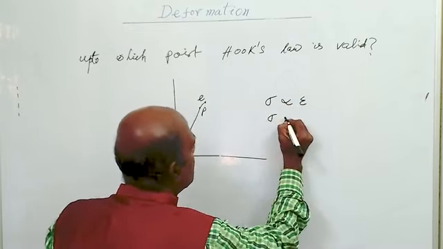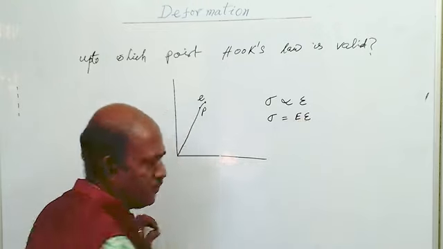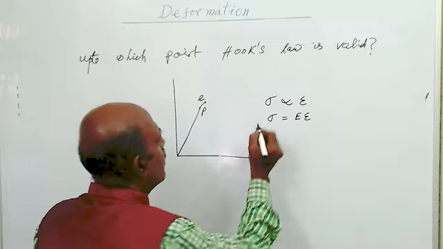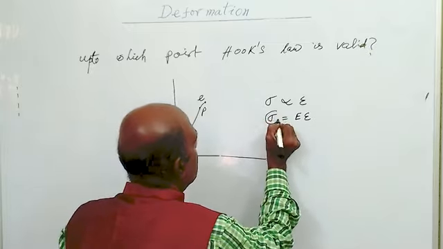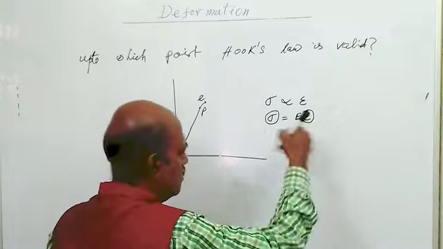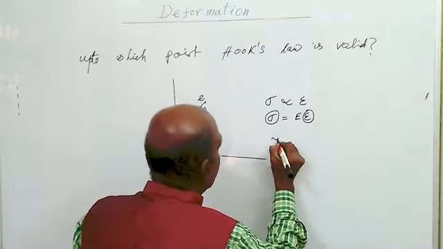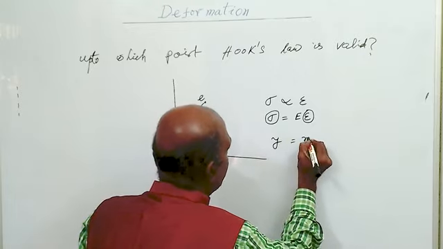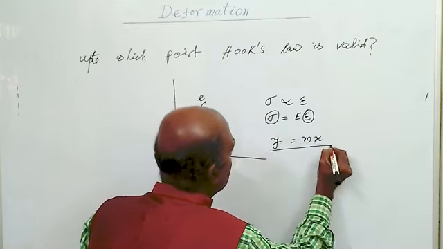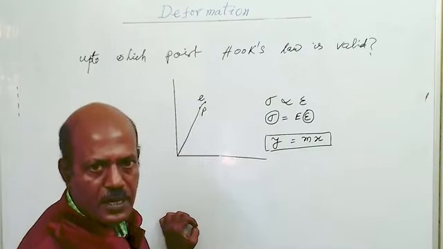Or stress is equal to some constant into epsilon. Here two parameters are variable, that is, sigma and epsilon. In higher secondary mathematics we can write y is equal to mx. So it is a straight line curve, the equation of a straight line.